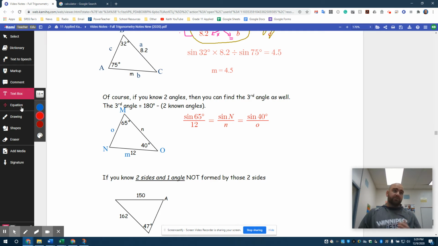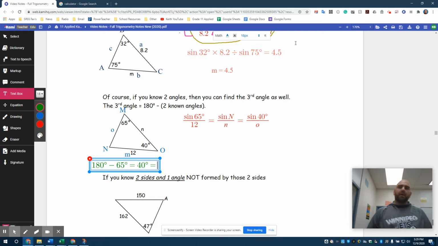And that should be fairly straightforward, as was shown up here. To find that third angle, we need to do 180 minus 65 degrees minus 40 degrees, and that's going to equal that third one.